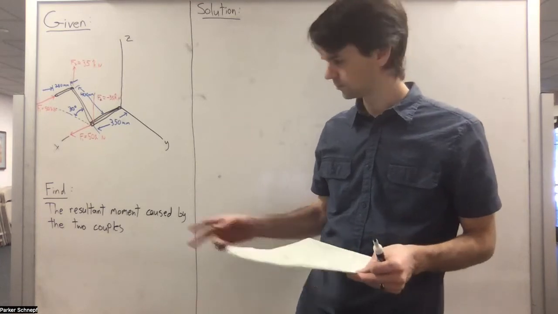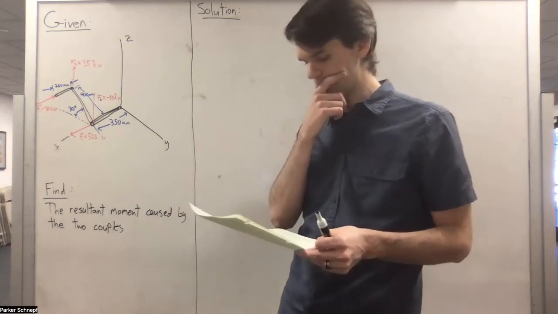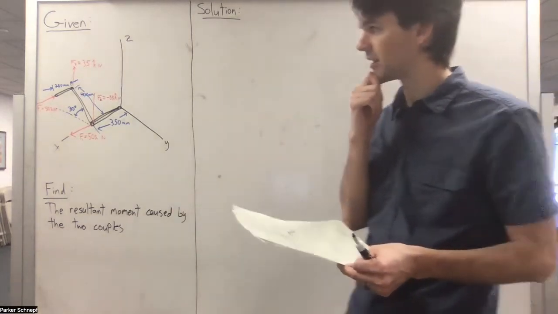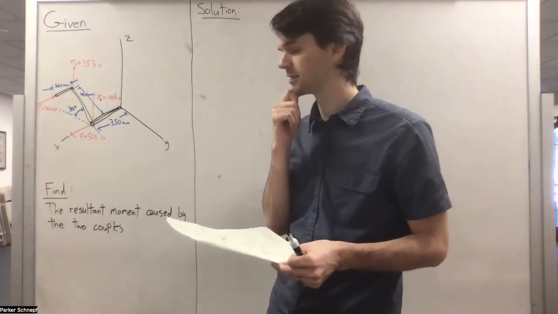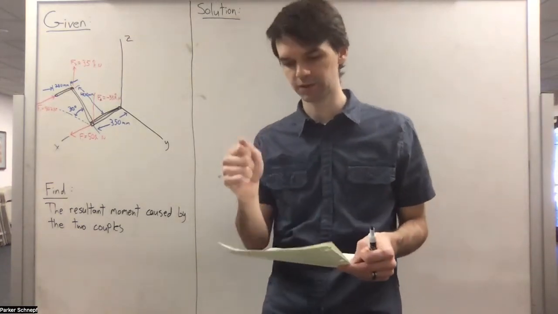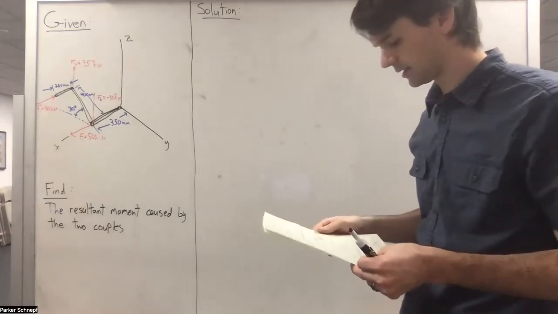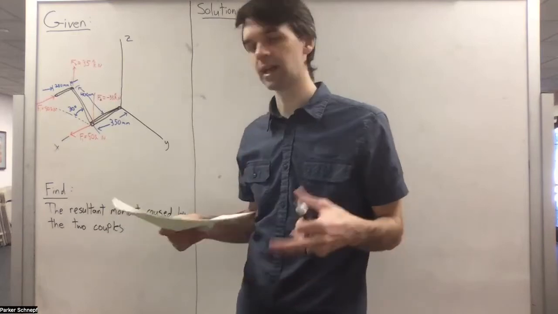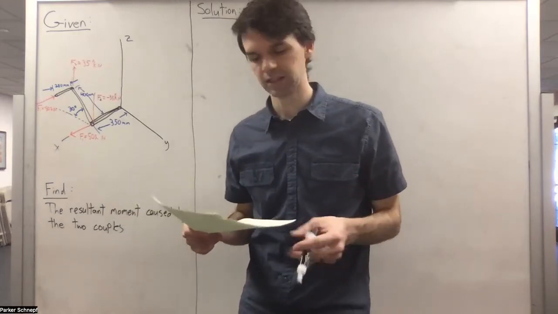So how do we go about this? Like I said, we don't have to find the moment caused by a couple about any specific point, so we can pick the point that's most convenient. In most cases, that's a point where we get to cancel out stuff.